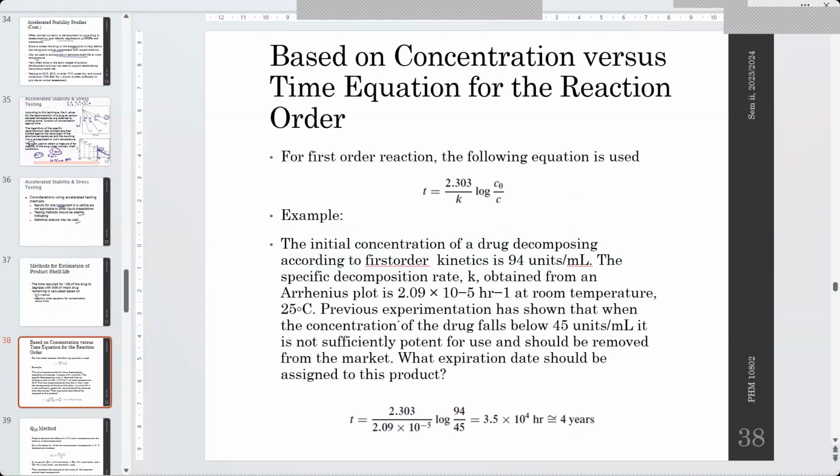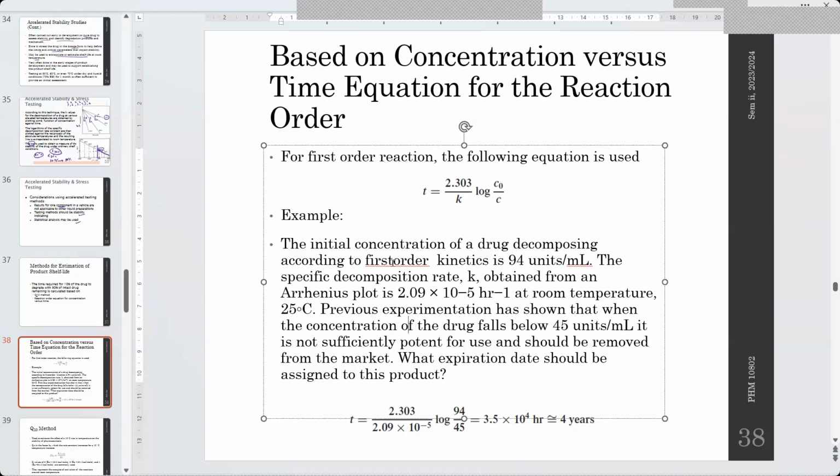Okay, so in this example, let's solve: an initial concentration of drug decomposing according to first order kinetics is 94 units per mL. The specific decomposition rate K obtained from an Arrhenius plot is 2.3. This is K at the storage temperature.